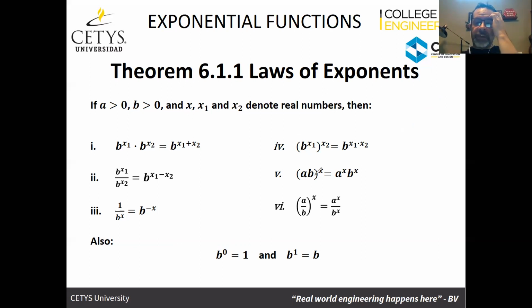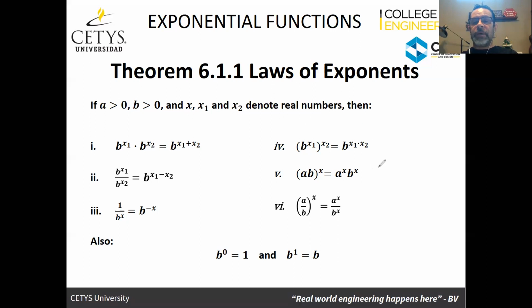Now also, if I have 2 numbers that are multiplied, so for example, a multiplied by b elevated to the exponent, then the exponent is going to apply to each of these. And the same thing happens if they're being divided.